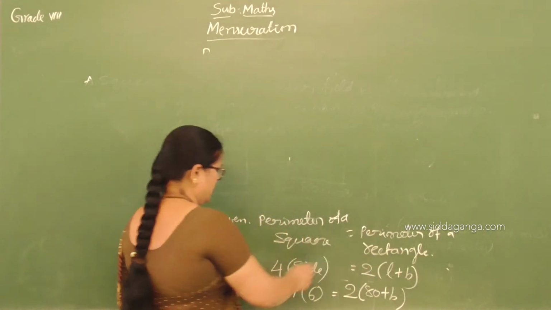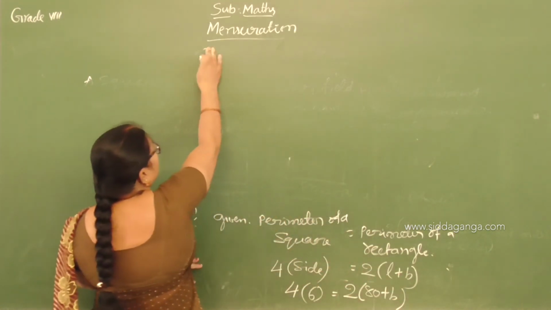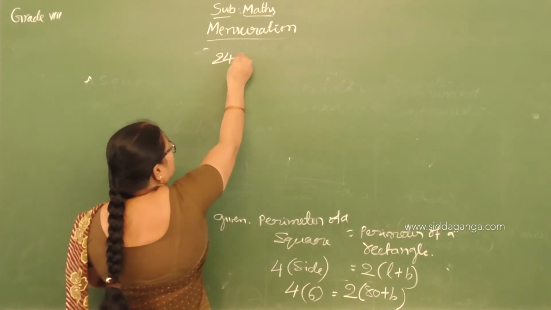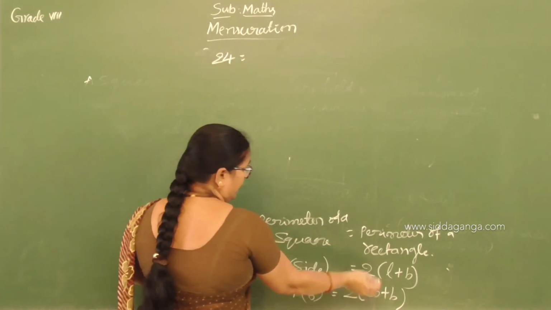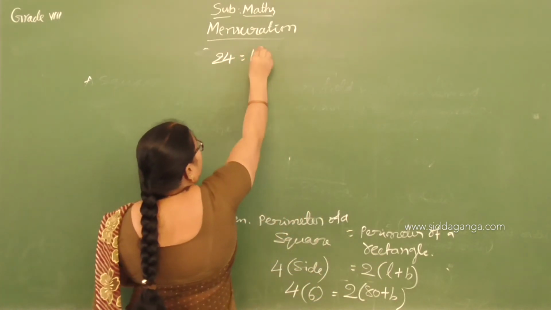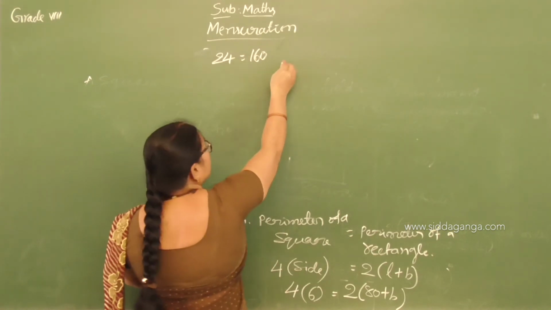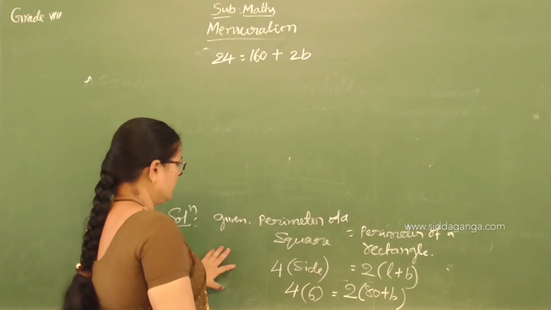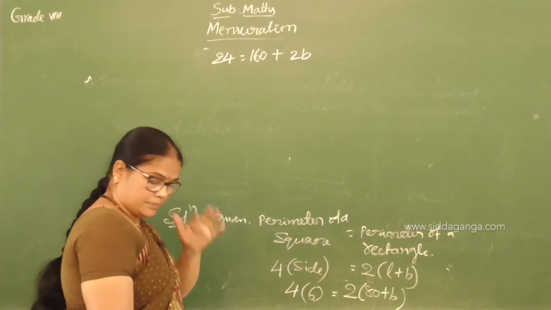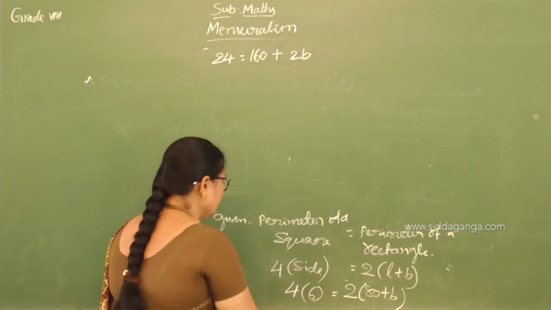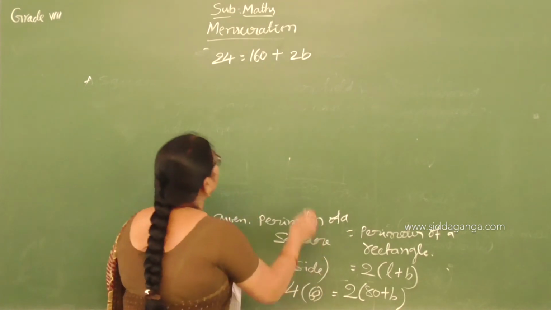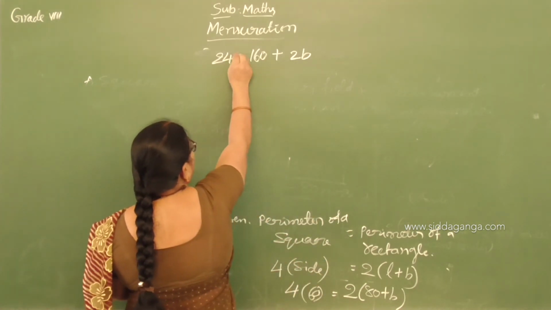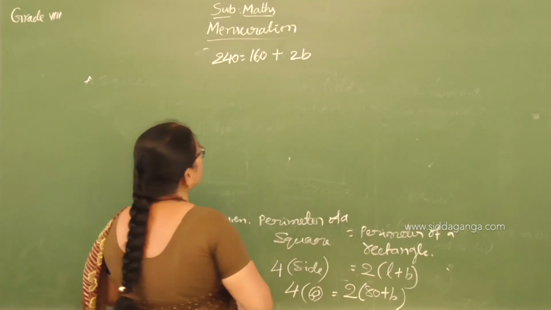So 4 sixes are 24, that is 240, is equal to 160 plus 2b.